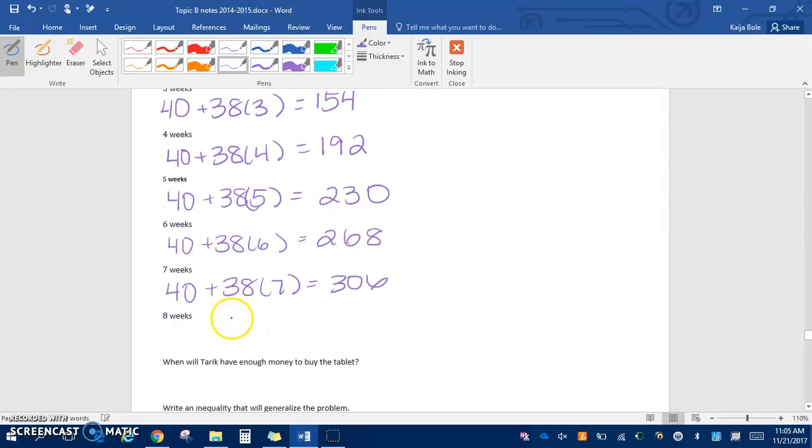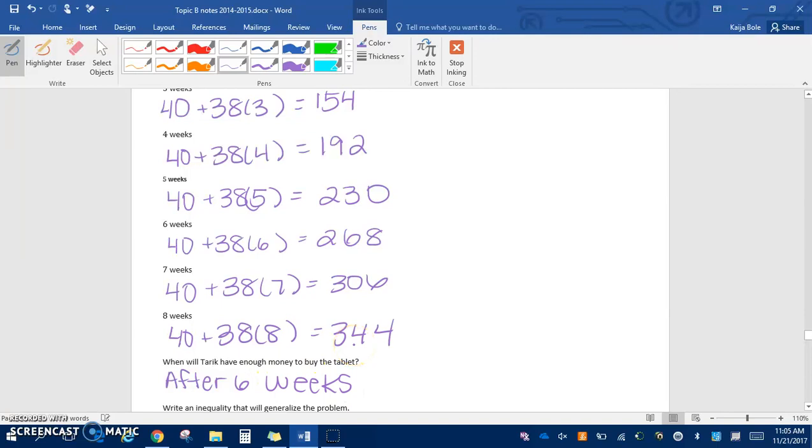And then last but not least, 8 weeks would get you 40 plus 38 times 8, which would give you 344. So the question asks, when will Tarek have enough money to buy the tablet? He needs $265, so after 6 weeks, he would have enough money.